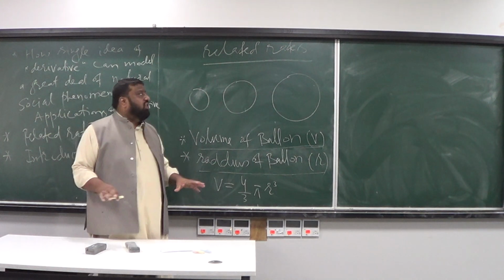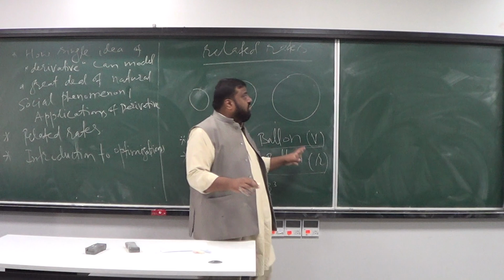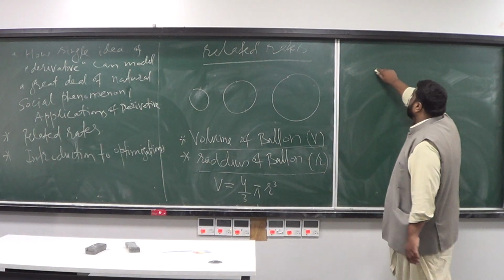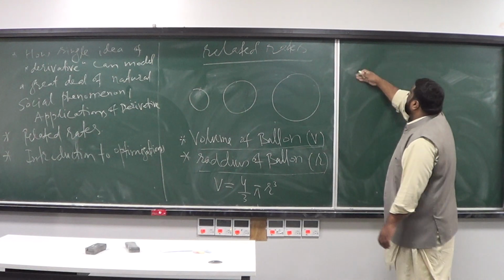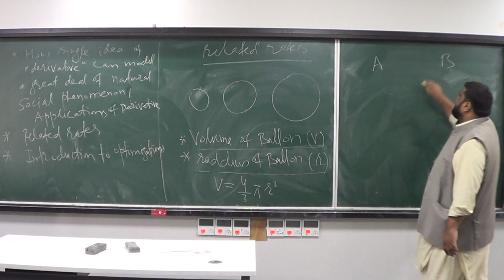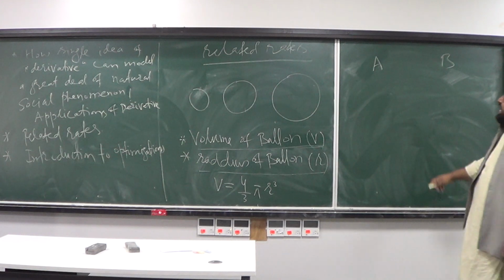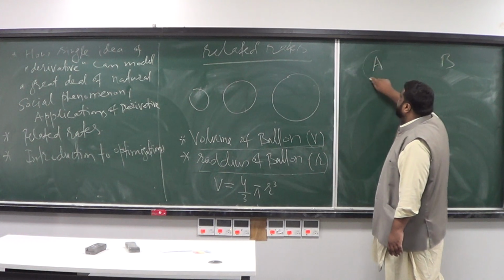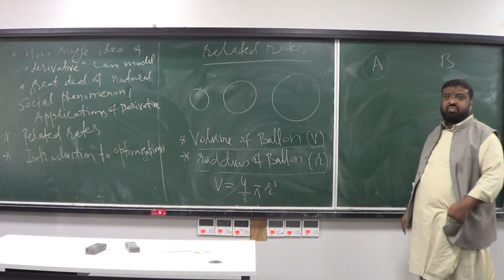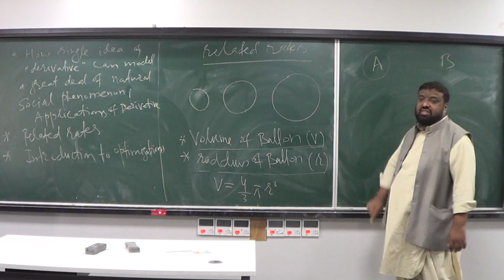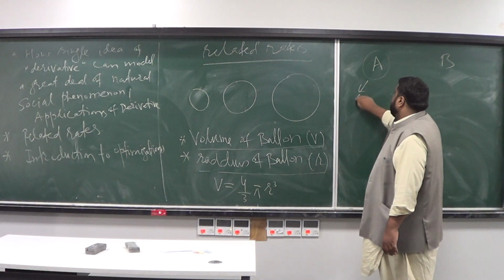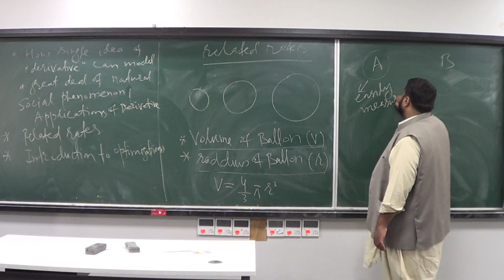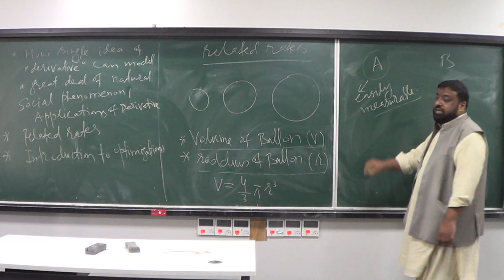So the philosophy of such problems, related rates problems, is that you will always be dealing with two quantities, say A and B, and one of the quantities, A, is easily measurable through experiments.